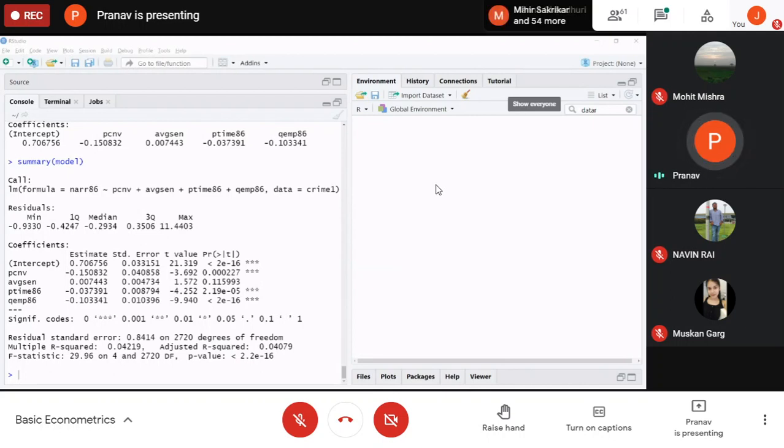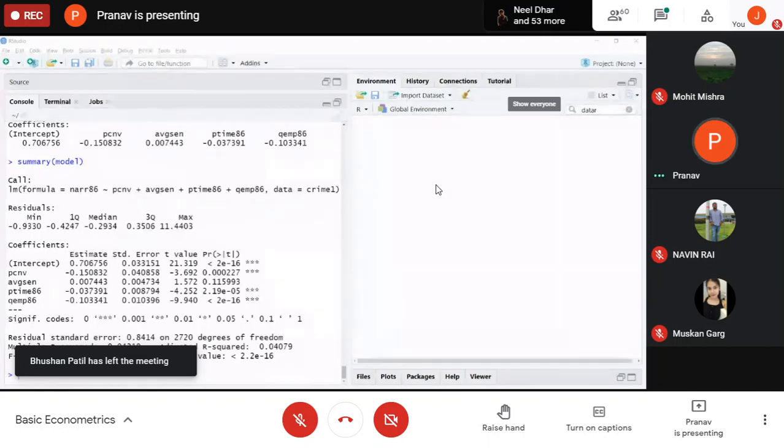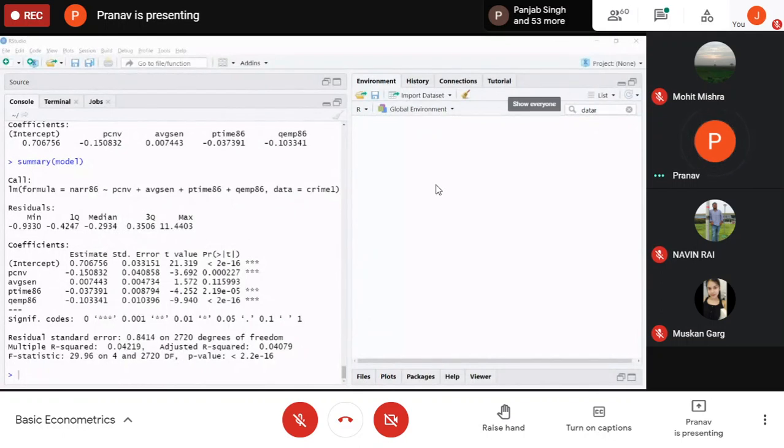So setting the level of significance depends on the researcher. Your critical T statistic changes.